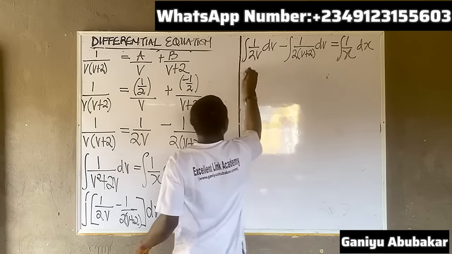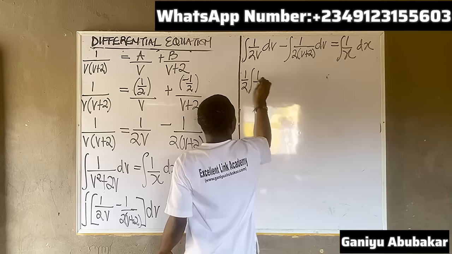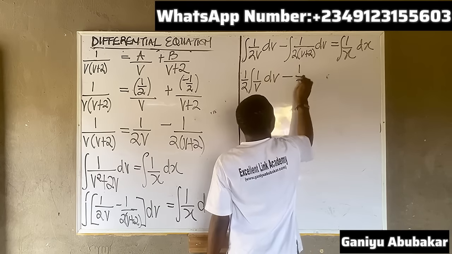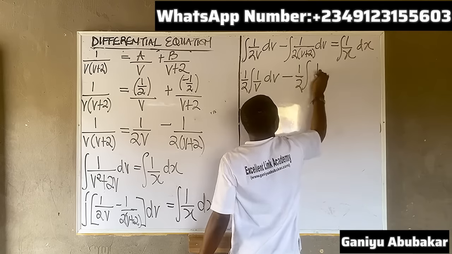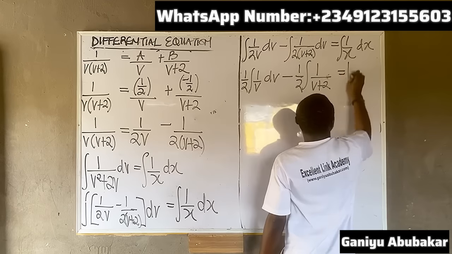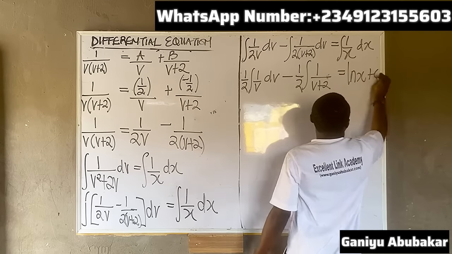The constant term here is 1 over 2, integral of 1 over v dv, minus 1 over 2 constant term, integral of 1 over v plus 2, equals ln x plus c.